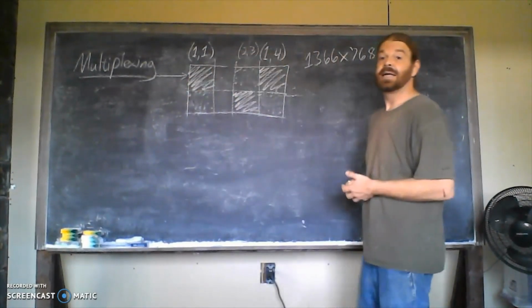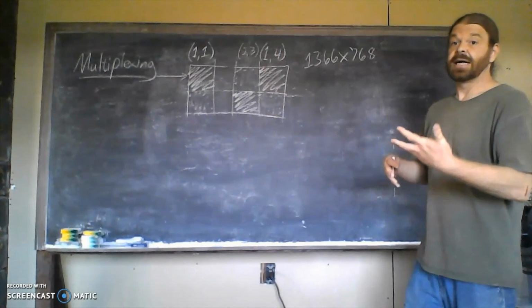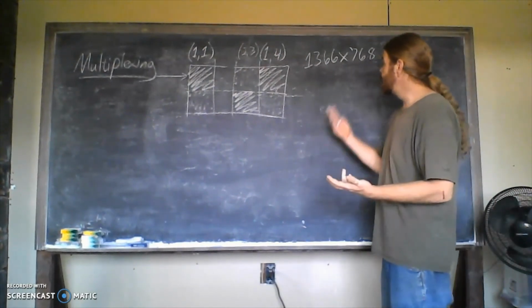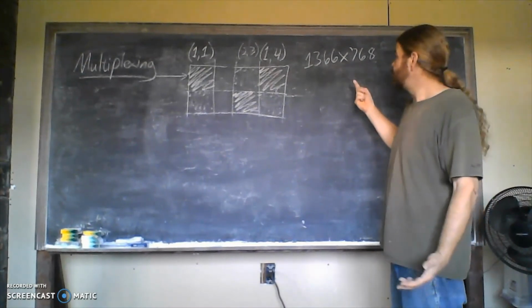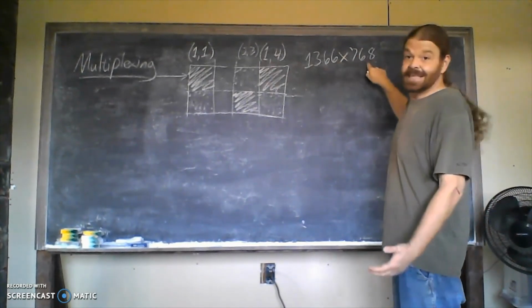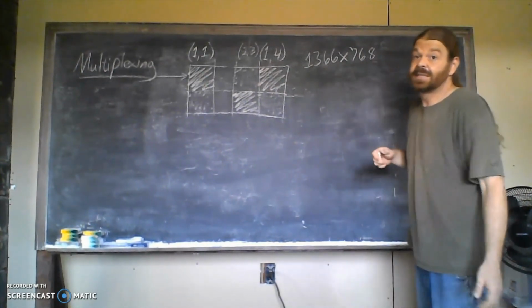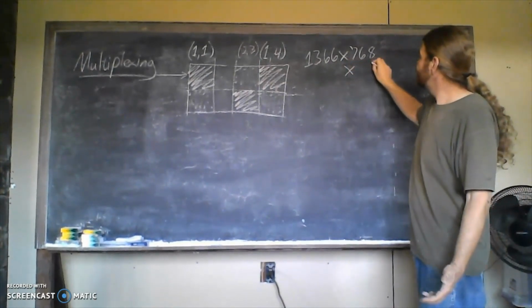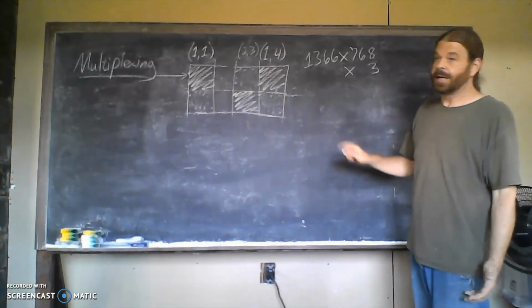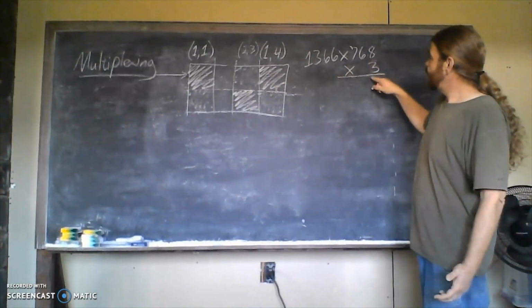Typically, software has algorithms that check the screen size and figure out what's going to be most efficient. Glancing at these, we need to add 3 control wires to one of them. So 1366 by 768 on the laptop I'm making this on. One of them needs to be multiplied by 3. I'm thinking it's probably easier to multiply that one, and then we'll run 3 control wires here.